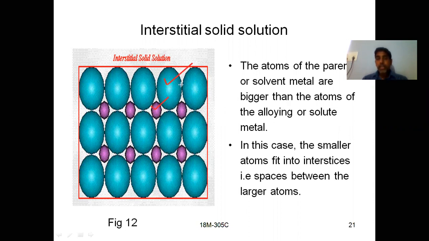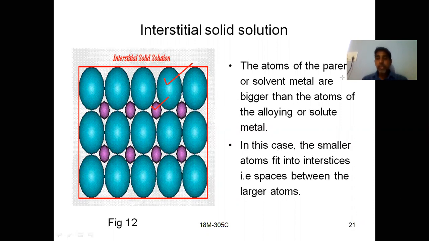These alloy metal atoms are incorporated in the empty spaces among the atoms of your solvent metal. Here you have empty space, here you have empty space. In that empty space, these solute atoms are incorporated. That means interstitial. What is meant by interstitial?